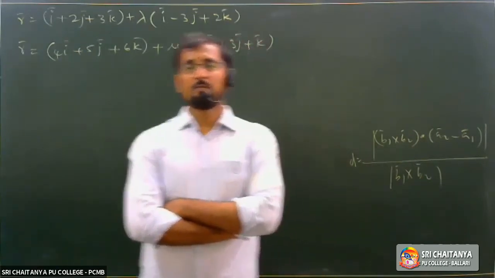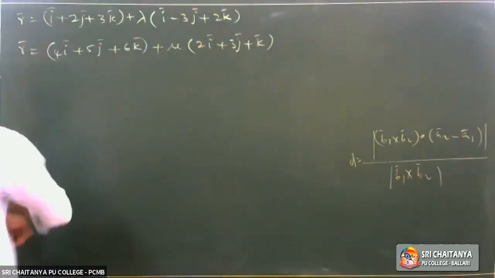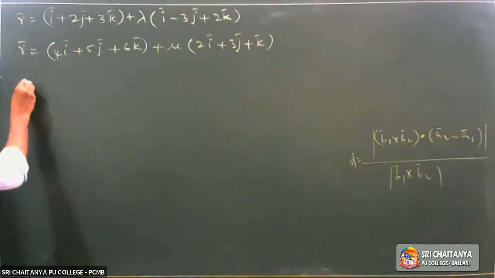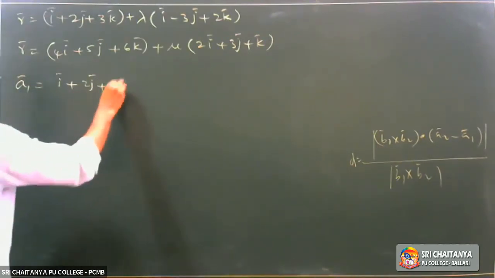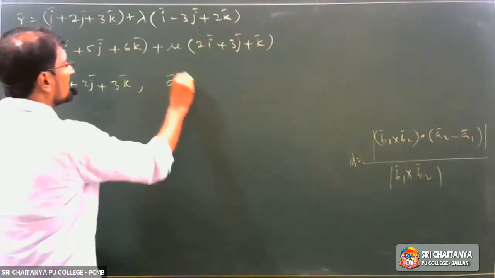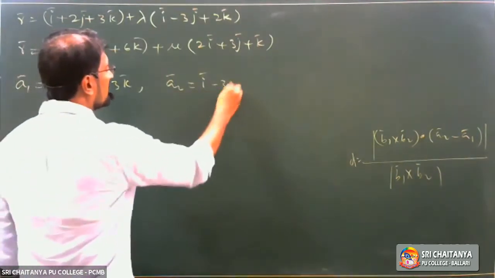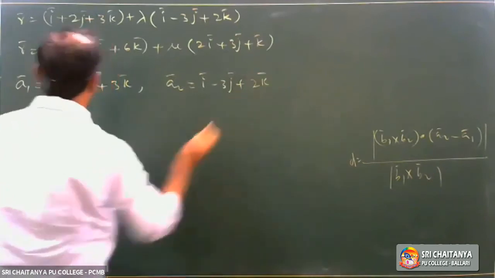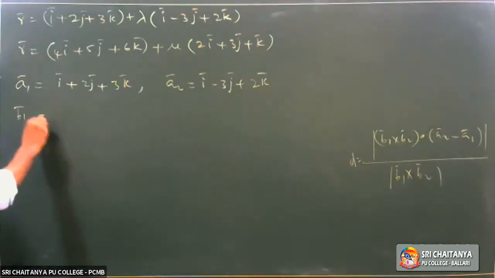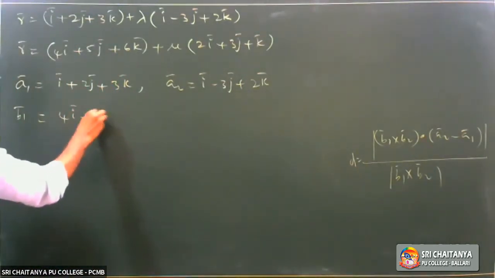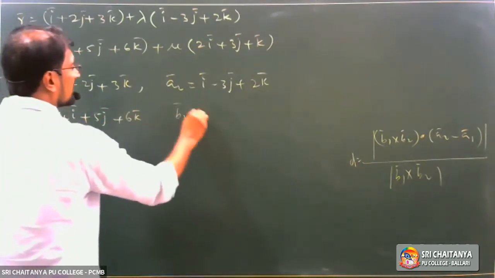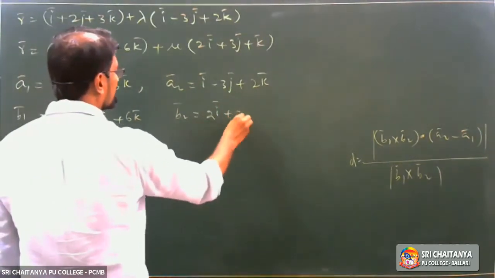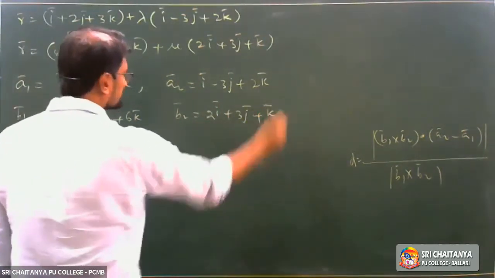So first of all, after comparing, I am going to get A1 bar is equal to i plus 2j plus 3k, A2 bar is equal to i minus 3j plus 2k, B1 bar is equal to 4i plus 5j plus 6k, B2 bar is equal to 2i plus 3j plus k.